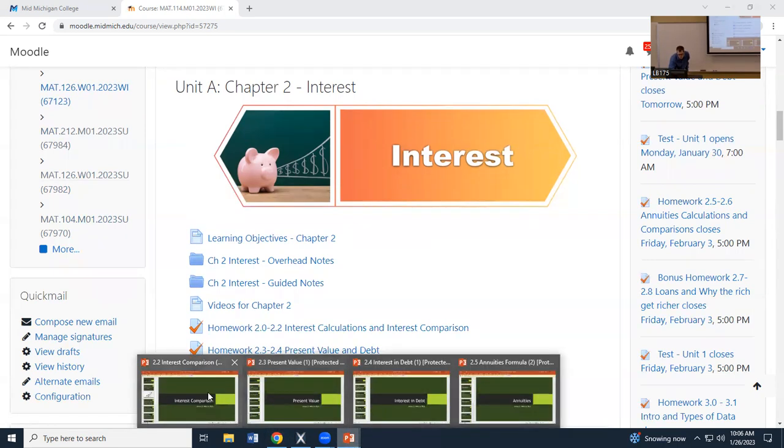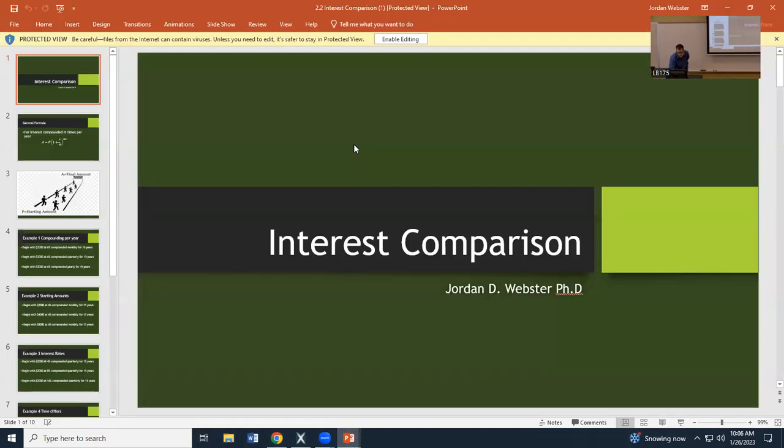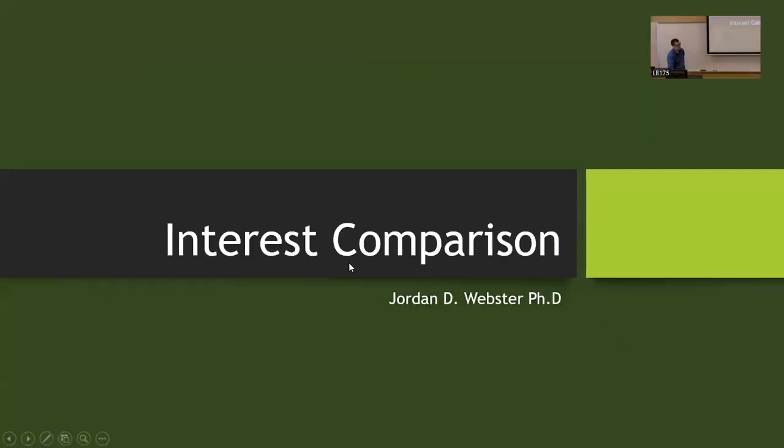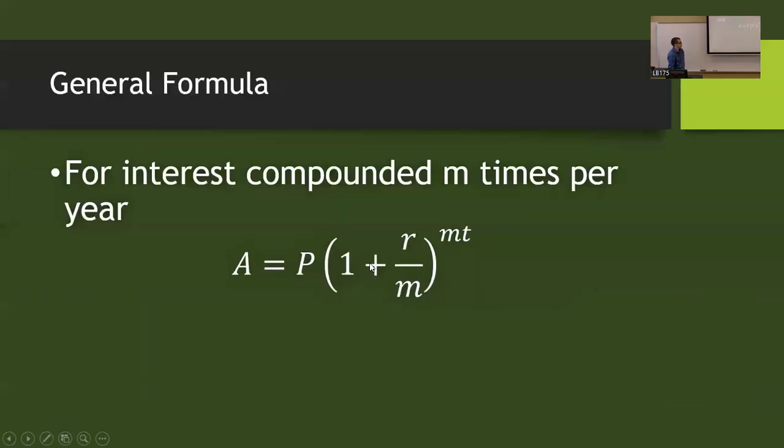So let's go back to our interest comparison calculations we were doing earlier. Remember, we are doing interest calculations with what I call a lump sum formula. That is, we put a specific sum into an account of some type.